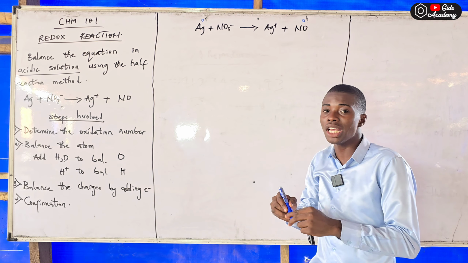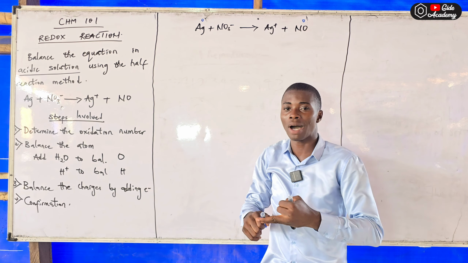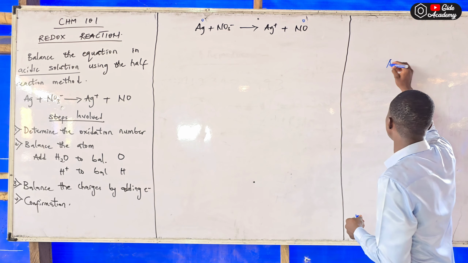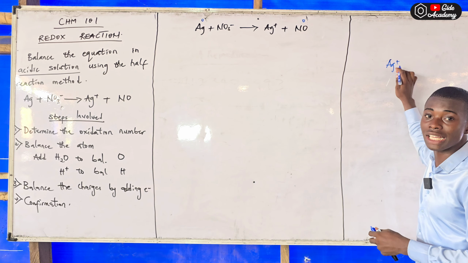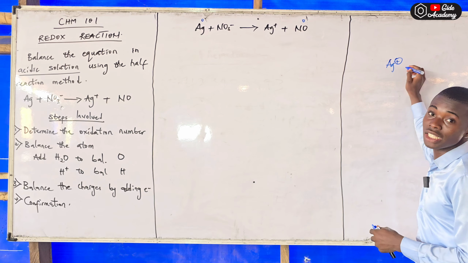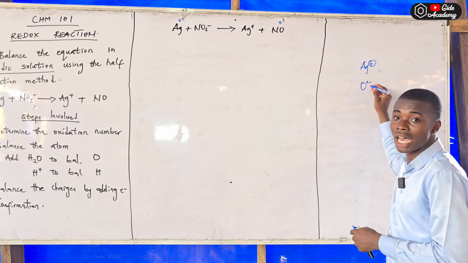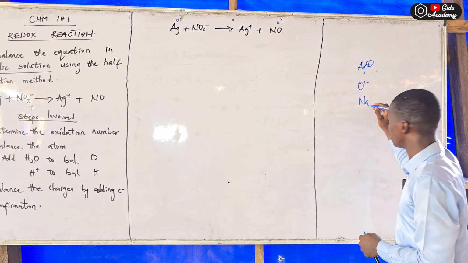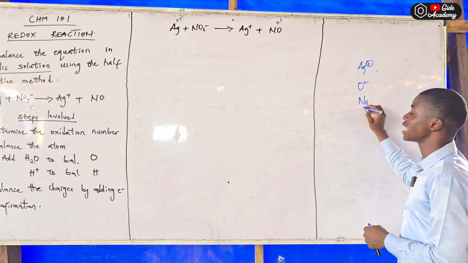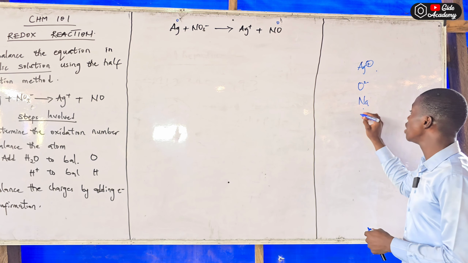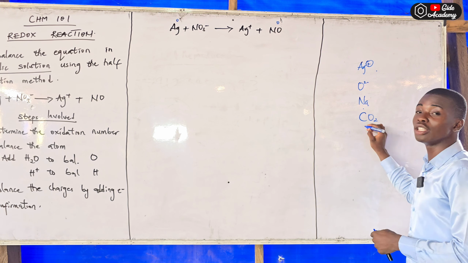Now there is a difference between a radical, a neutral compound, and an ion. For example, if you see Ag+, this is an ion because of this charge, and it's called a cation. If you see O2-, this is an ion and it's called anion. If you see Na, this is not an ion, this is a neutral element. If you see CO2, this is a neutral compound.